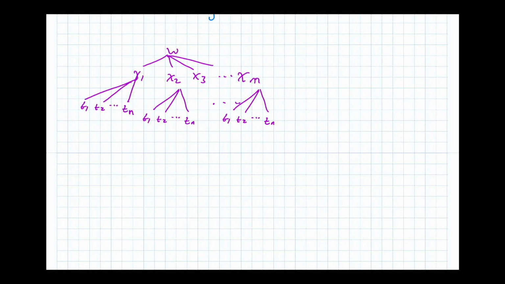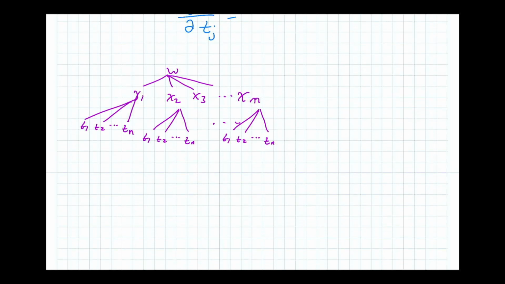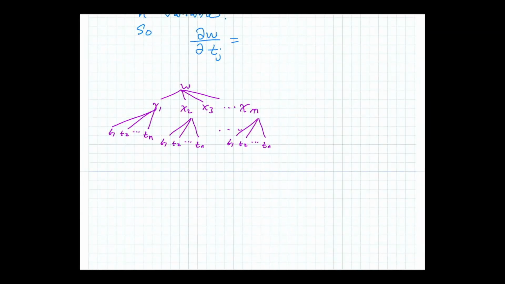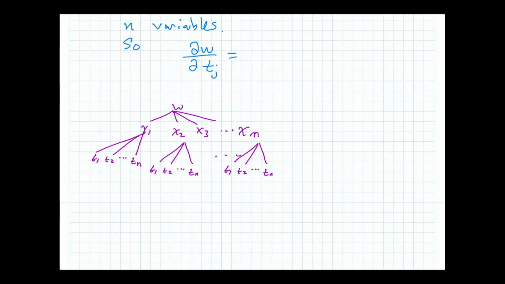Okay, so if you wanted the derivative with respect to tj, let's just draw t1 for example. t1 would be from w to x1, from x1 to t1, but also w to x2, x2 to t1. And then you keep doing that until you go w to xm, xm to t1, right? So there's a lot of different ways to get from w to t1, but they're all like this.